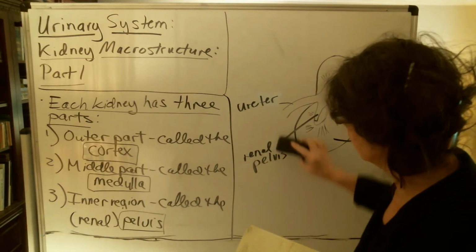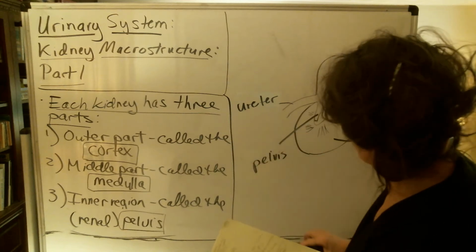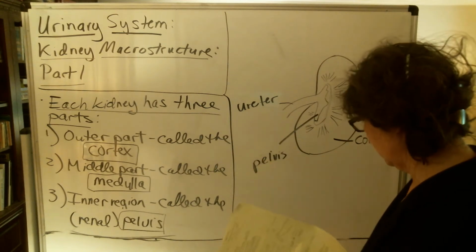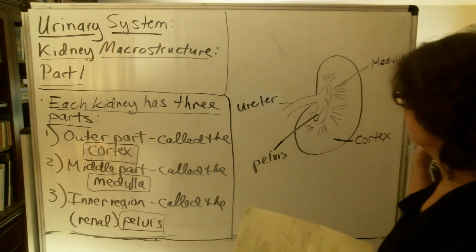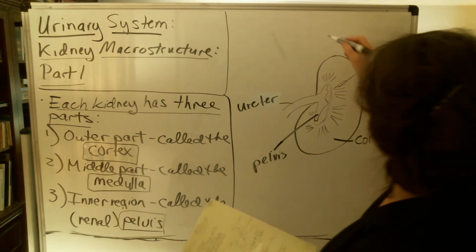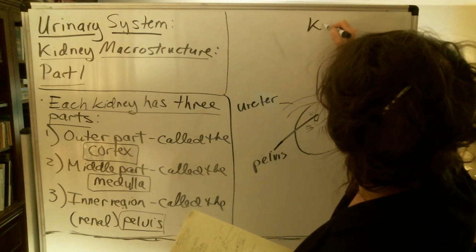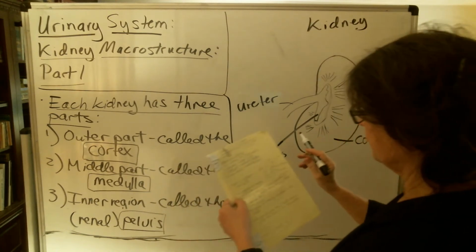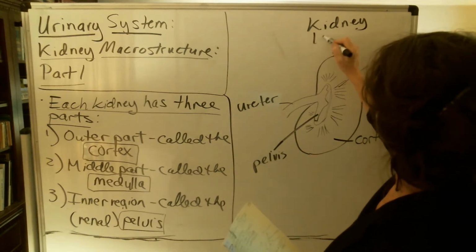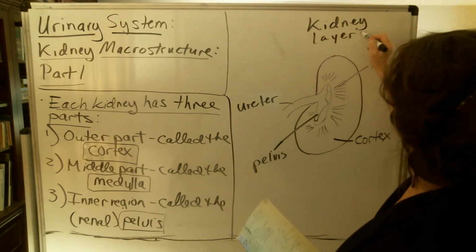These are all, in fact, known as the renal cortex, the renal medulla, and the renal pelvis. So there we have a pretty good picture of the different kidney layers.